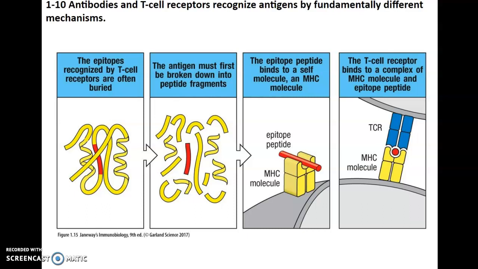So if it's a virally infected cell that is presenting this protein, it's going to present it on MHC class 1, and that's going to activate CD8 T cells. Whereas if it's something that was engulfed and chewed up, it's going to be presented on MHC class 2 and activate CD4 T cells. And we're going to have a chapter on each of those two scenarios this semester.